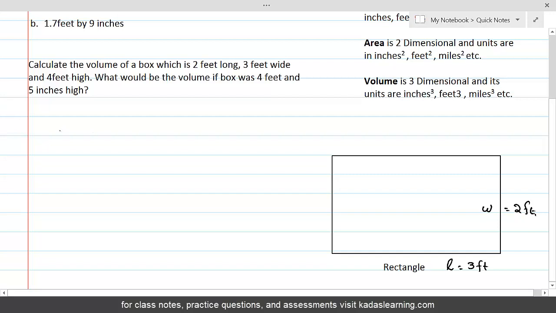Then the area of the rectangle, the formula is area of rectangle is equal to length times width.